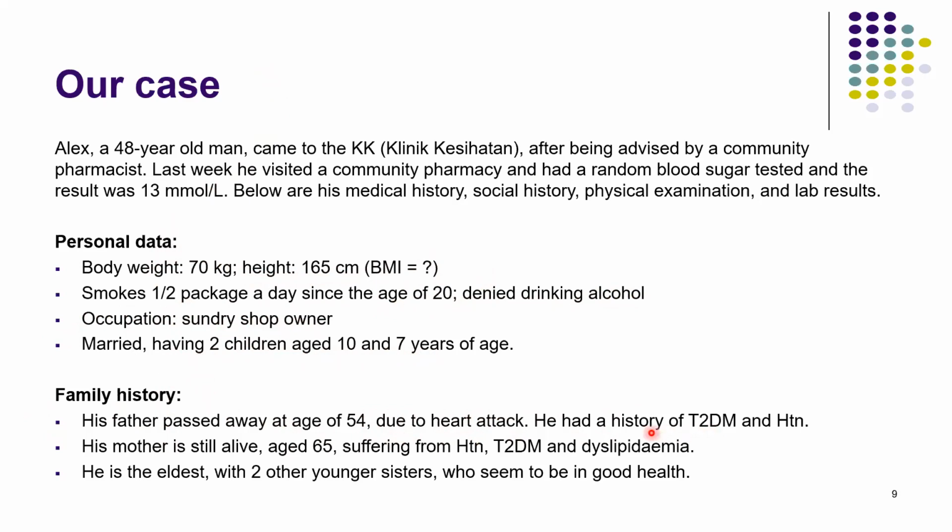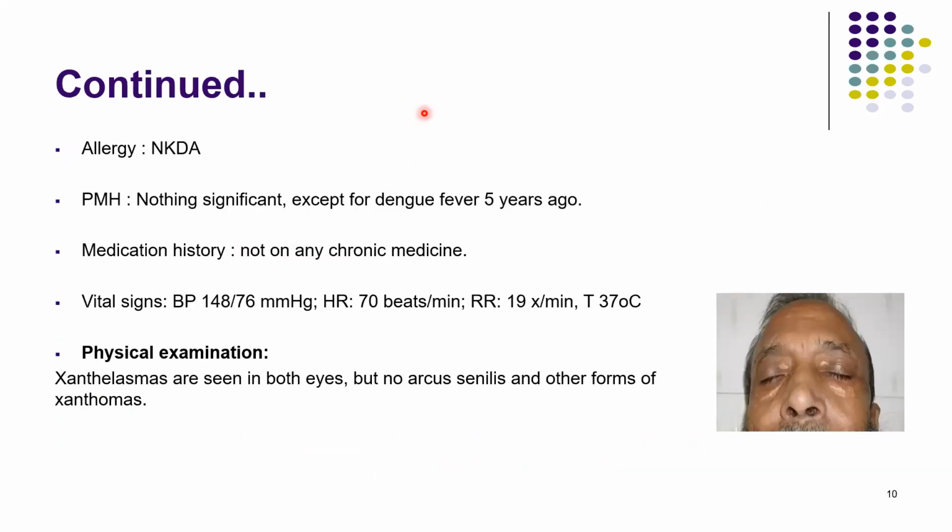His mother is still alive, age 65, suffering from hypertension, type 2 DM, and dyslipidemia. From the family history, we know that he has a strong history of diabetes and hypertension, so he probably has a high risk of CVD. No known allergy. Past medical history: nothing significant except for dengue fever 5 years ago.